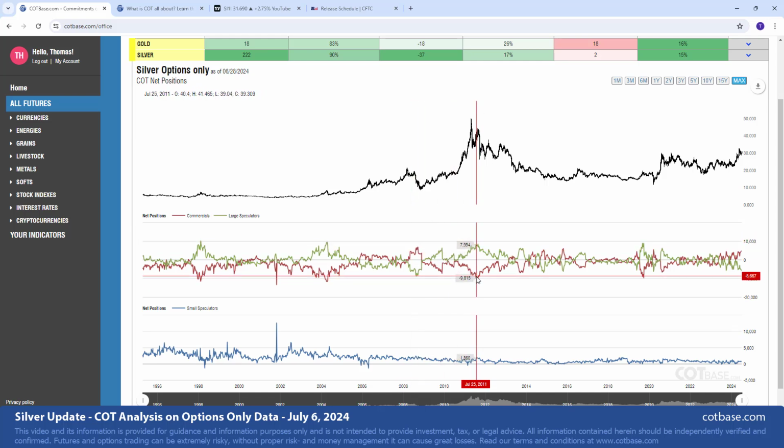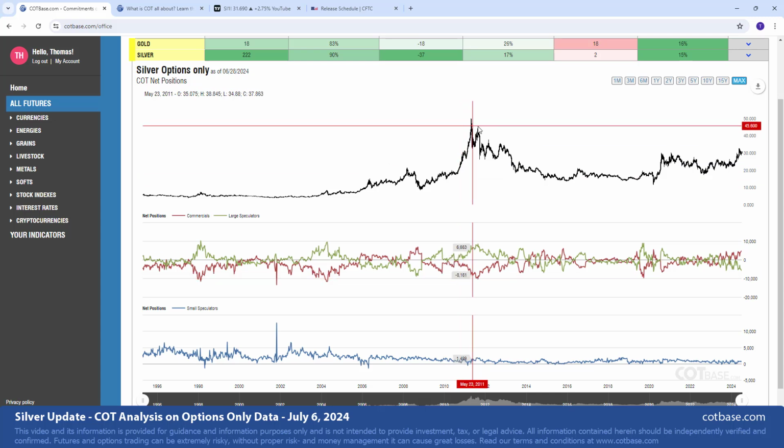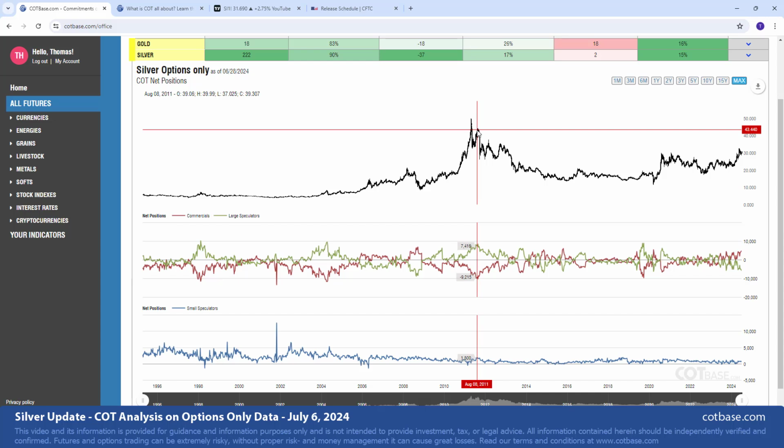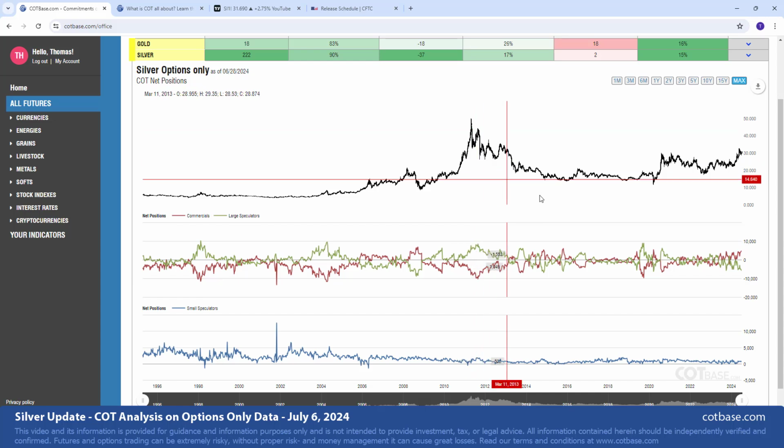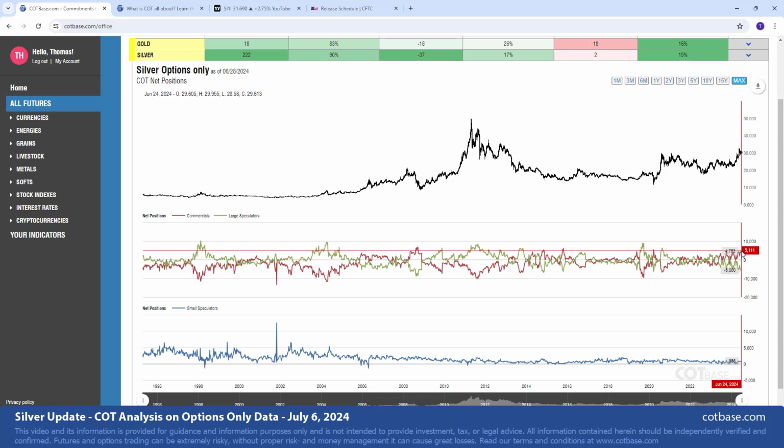So when commercials reached about 10,000 contracts net short, that was signaling a top in silver. So what's unique now is even though the futures and options data combined is showing more of a bearish picture, the options only, so the more sophisticated traders who trade options, are actually giving us a bullish COT extreme. Quite unique. I think this is really, really interesting.